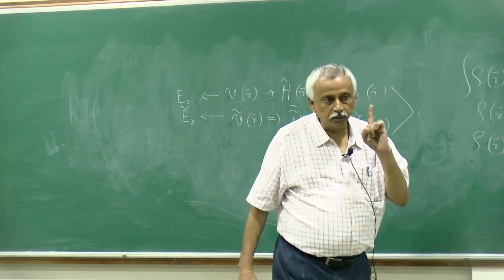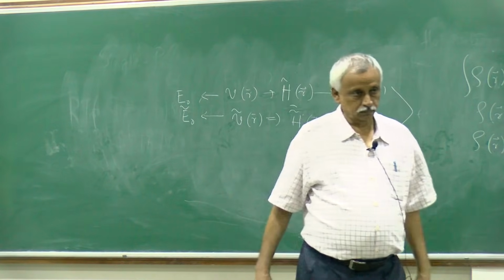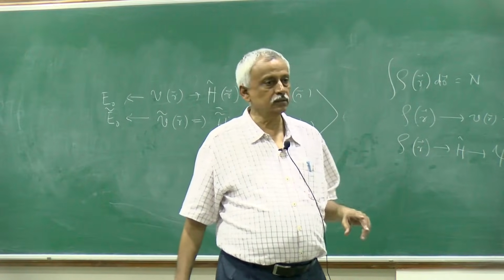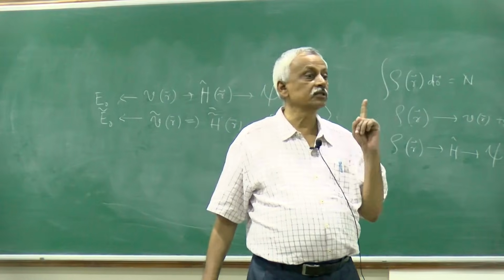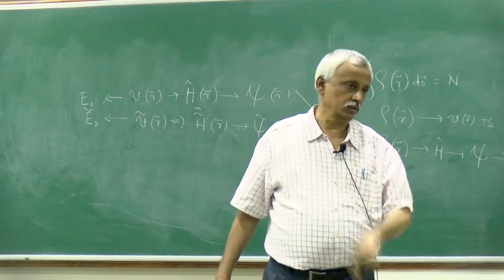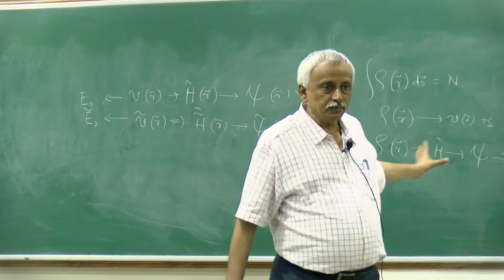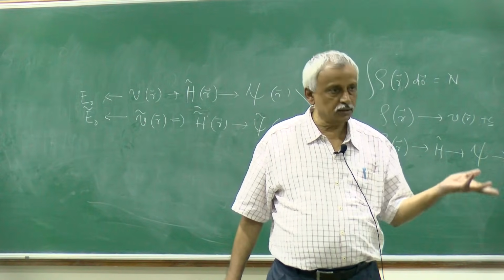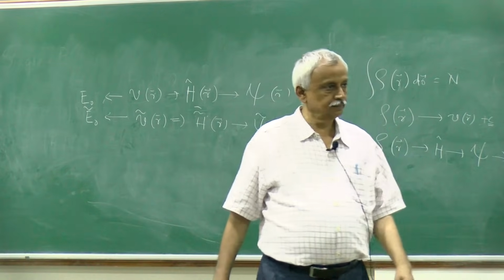You know only the Hamiltonian. If you are lucky, you can solve the Schrodinger equation to get the wave function, then other properties. But the only thing which characterizes the system is your Hamiltonian. And you have seen the Hamiltonian is also known if you know the number of electrons for a many-electron system and the external potential.